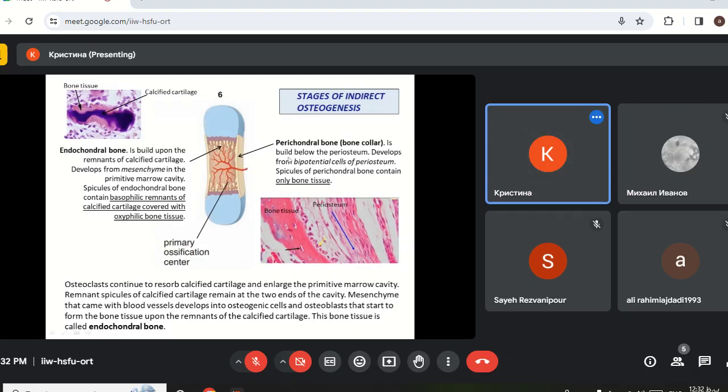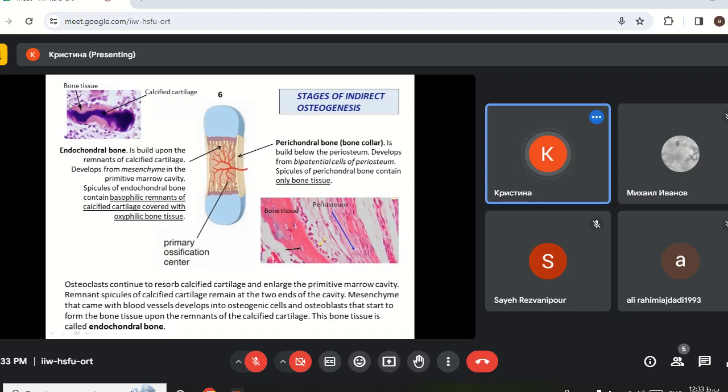Perichondral bone continues to grow to the areas of the epiphysis. The perichondral bone is formed from the osteoblasts, which develop from the bipotential cells of the periosteum. So this is the periosteum, outer fibrous layer, inner osteogenic layer, and here osteoblasts make the bone tissue of the perichondral bone.